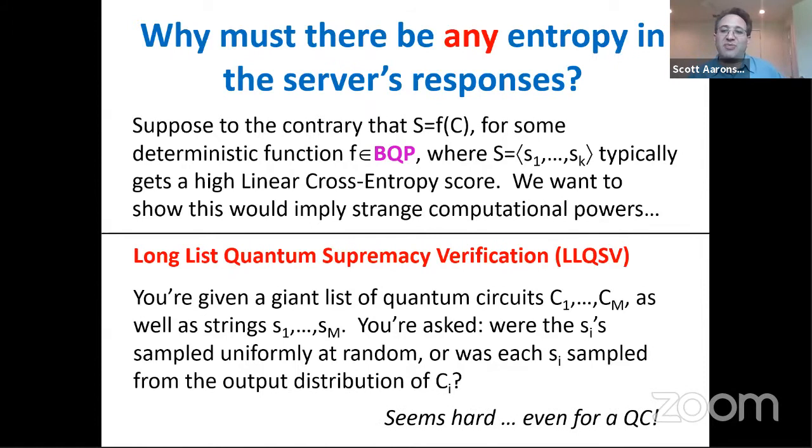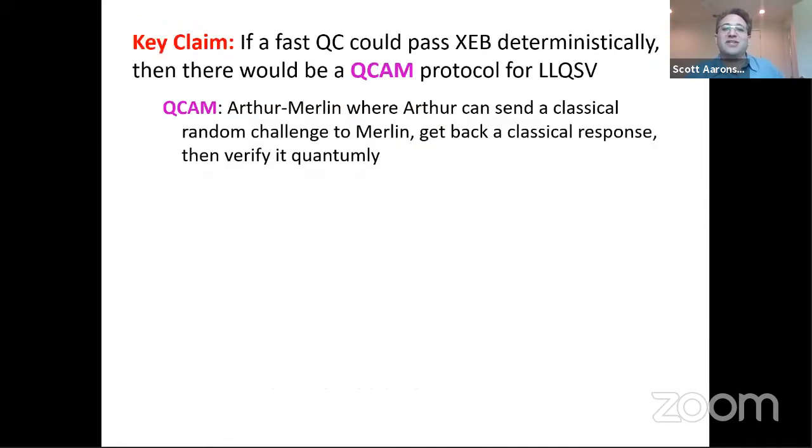I want you to think of this problem as pretty hard. I mean, you could do it in Sharp-P or something, but it seems hard even if you had a quantum computer that could access this gigantic oracle. I'm going to stick my neck out a little bit further and conjecture that there's no AM protocol for this problem.